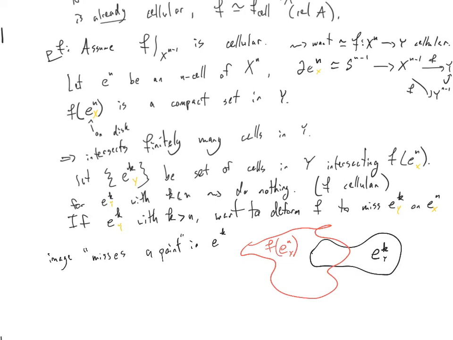And we want to know that this thing at least is missing some point. So this point over here, F is missing on this cell. So what we can do is just retract this all the way to the boundary by picking some retract of the punctured disk, here it would be the punctured k-disk, onto its boundary.